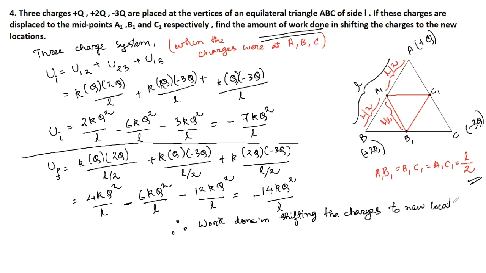Because this potential energy, what we are actually finding, initial potential energy and the final potential energy, these expressions are nothing but work done. If we go back to our theory which we had discussed in the last class, this is nothing but work done, and this expression is also nothing but work done.